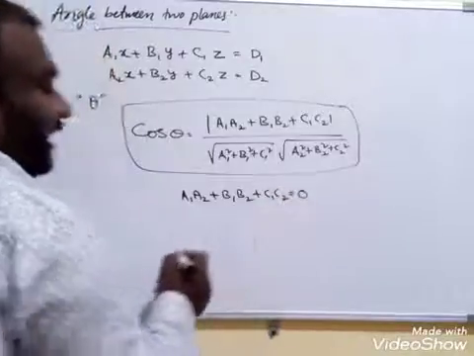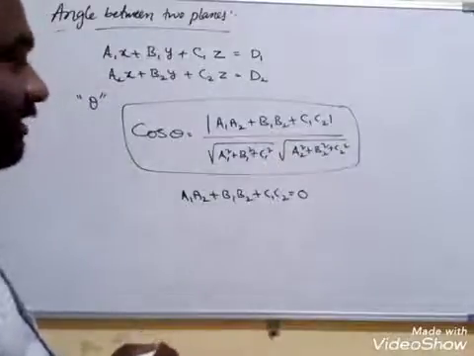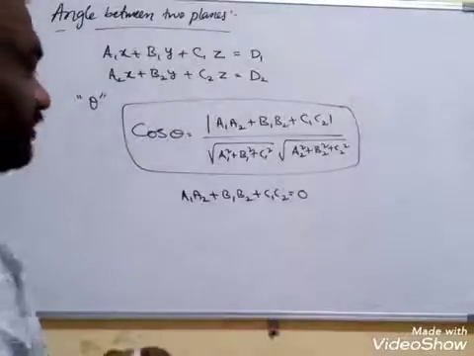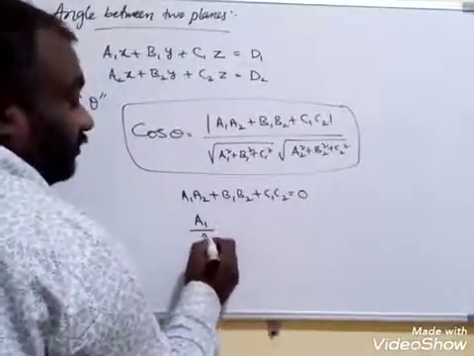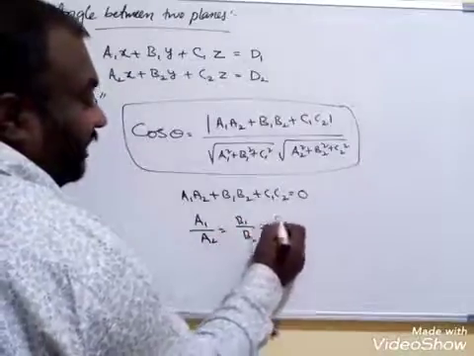So if the planes are perpendicular to each other, then a1 a2 plus b1 b2 plus c1 c2 is equal to 0. If they are parallel to each other, then a1 by a2 is equal to b1 by b2 is equal to c1 by c2.